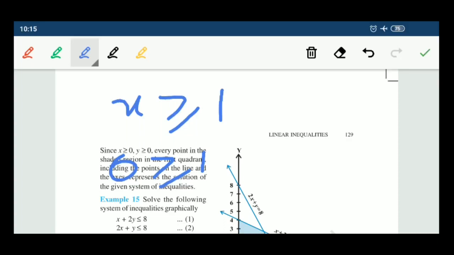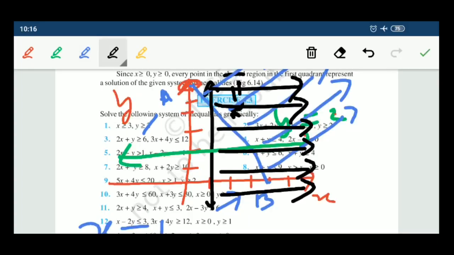So the shaded region of this inequality is away from the origin. The shaded region of x greater than or equal to 1 is the right hand side of this black line. You can see clearly this side.